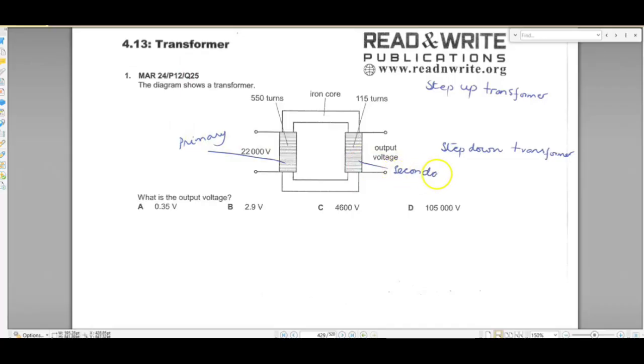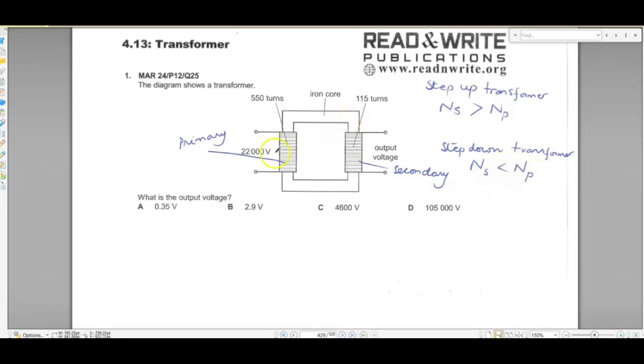The number of turns on the primary side and secondary side depend upon the type of the transformer it is. For example, if it's a step-up transformer, then the number of secondary turns is greater than the number of primary turns, okay? And if it's a step-down transformer, the number of secondary turns is less than the number of primary turns.